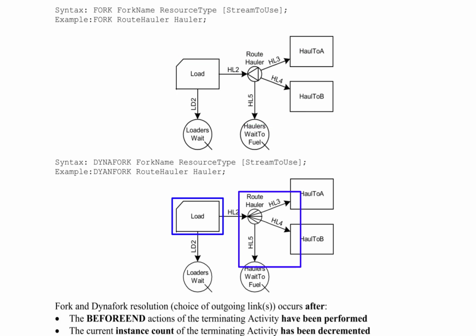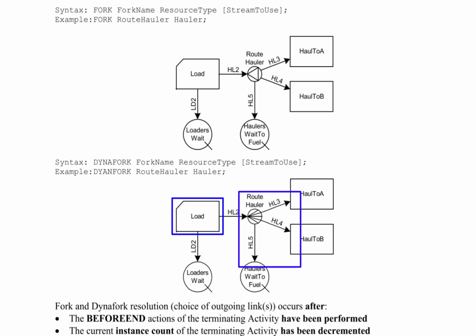In contrast, a DYNAFORK allows each resource that is released by a terminating activity instance to choose its own destination node. It is important to remember here that a terminating activity instance releases its characterized resources serially, one at a time.